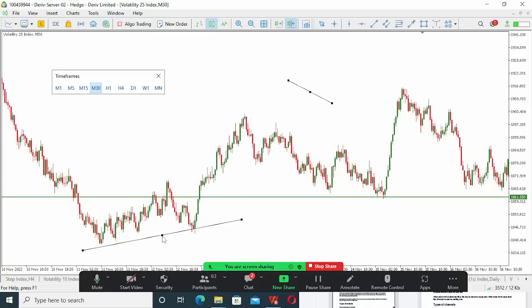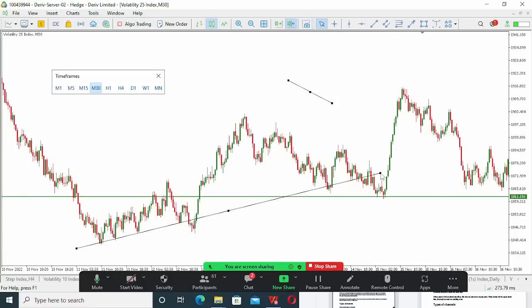So if I want to draw a trend line here, I would first look out for my first point here, and then my second point. First point here, second point here. Then I extend it into the future to act as support or resistance.